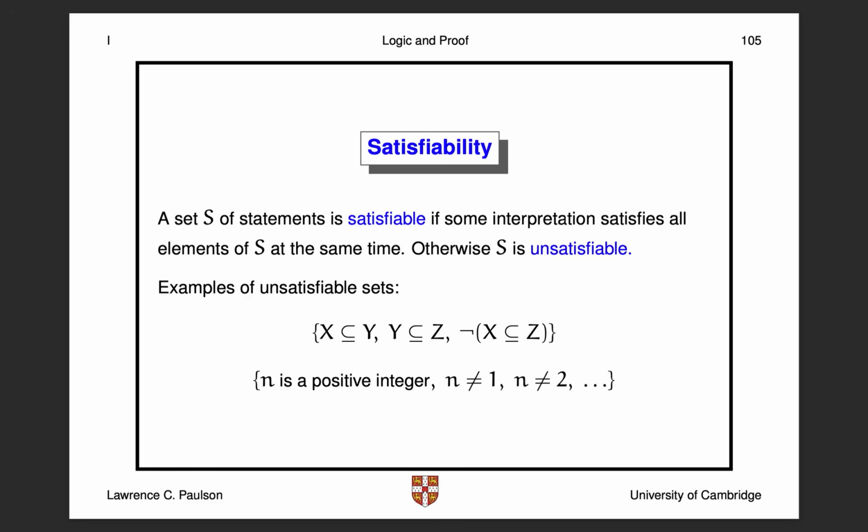So if n is a positive integer, then it will be included in these other things that n is not equal to, and there is no way to make them all true at the same time. Although, interestingly, any proper subset of this set, so removing just one element from this set, makes it satisfiable.